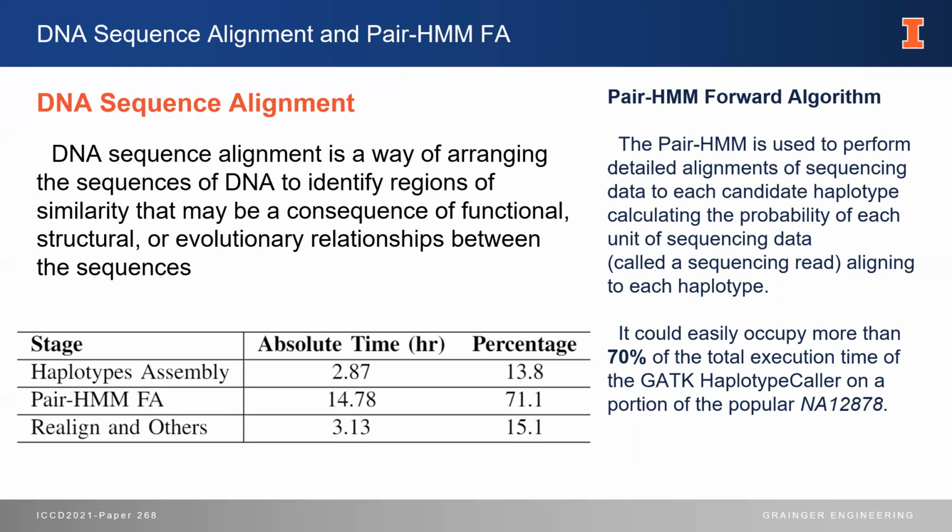We have a reference for that actual data. This just gives you a sense of how the majority of the time is used by the PairHMM algorithm, and that could be different across different samples.